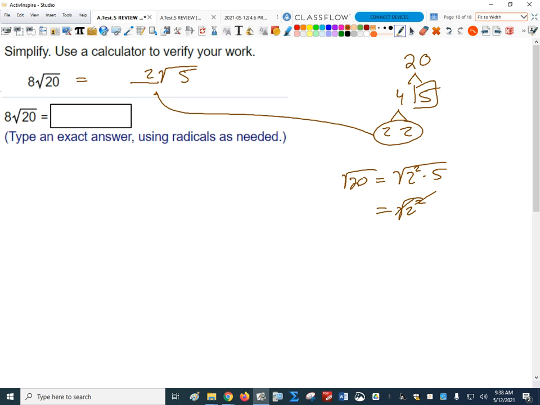That's why when you have a couple of something, that's the number that appears once out front, okay? So I've got 2 times the square root of 5, but what else do I need to do here, Caleb? Yeah, I got an 8 times that, right? So 8 times 2 is 16, and I get 16 radical 5, okay? All right.